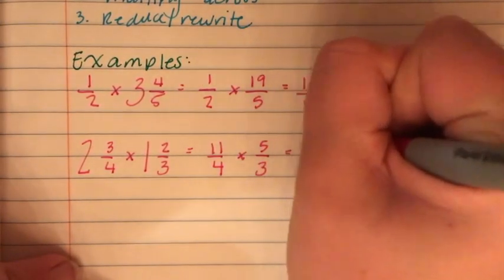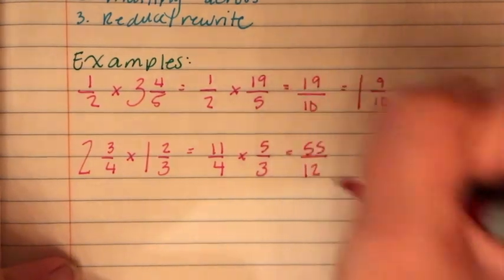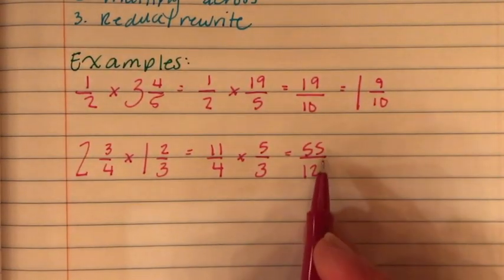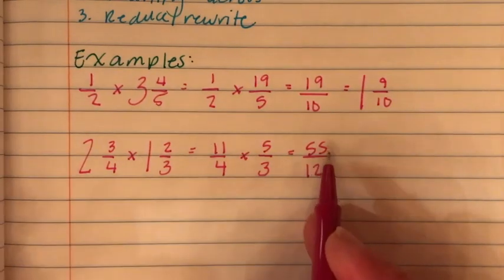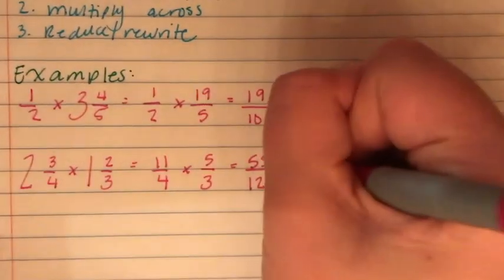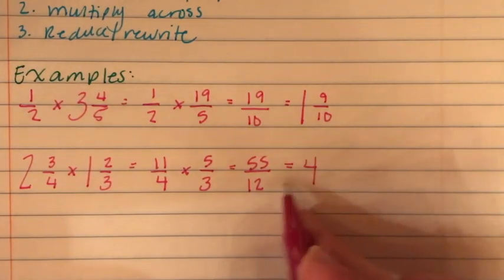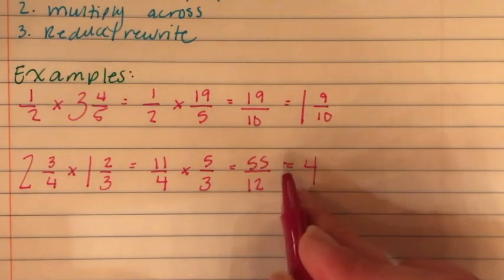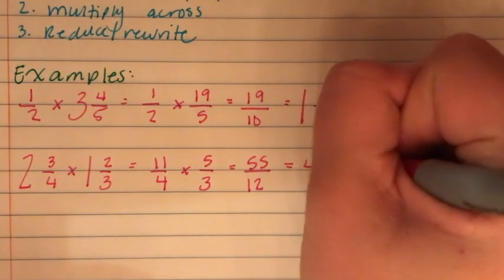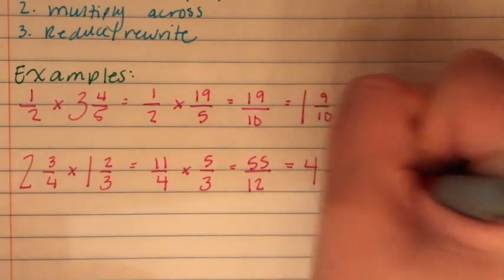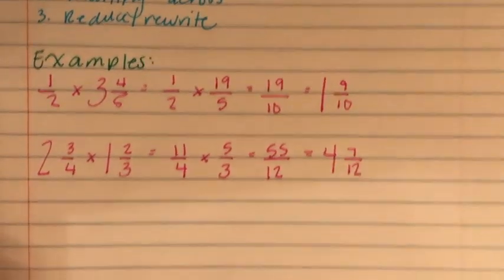So I get 55 over 12. So I know 12 goes into 60 5 times, which would mean that 12 goes into 55 4 times, which is 48. So 48 plus what is 55? That's 7. So there's 7 left over, and I get 4 and 7/12.